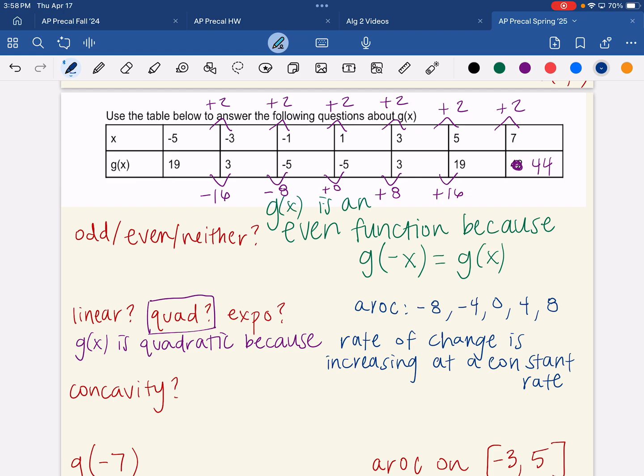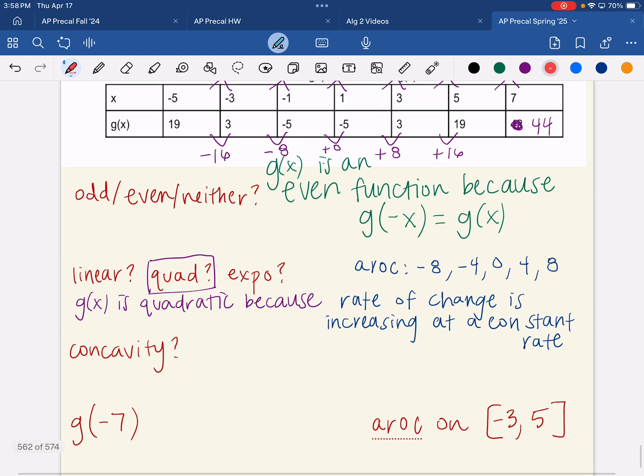All right, and then almost done. If we know the average rate of change, or the rate of change in these equal length input value intervals, if we know it's increasing, then what does that tell us about the concavity? Yes, g of x is concave up. And we just listed the reason.